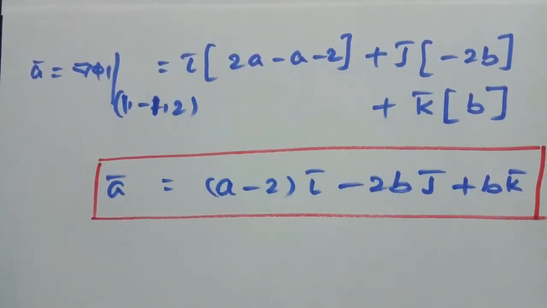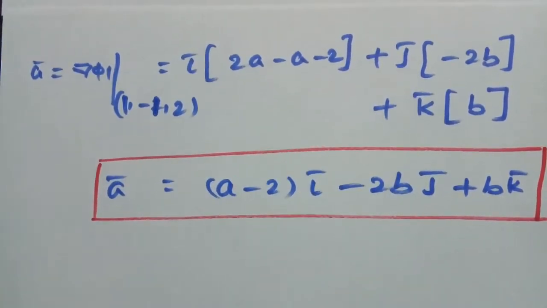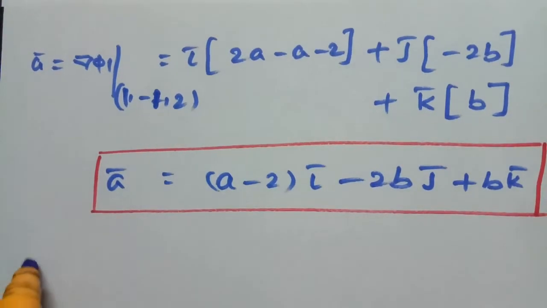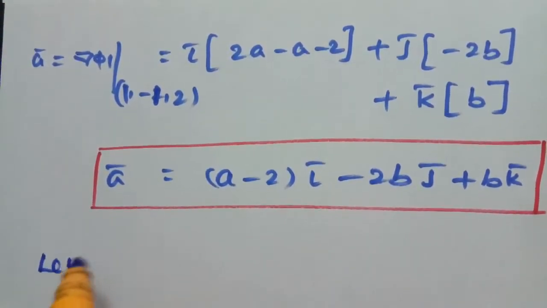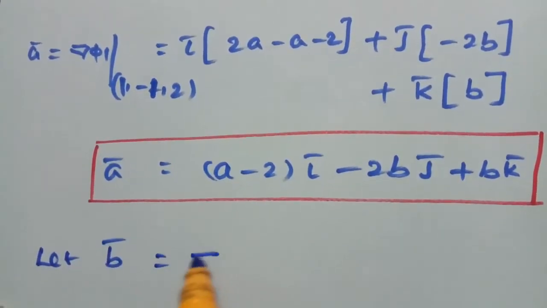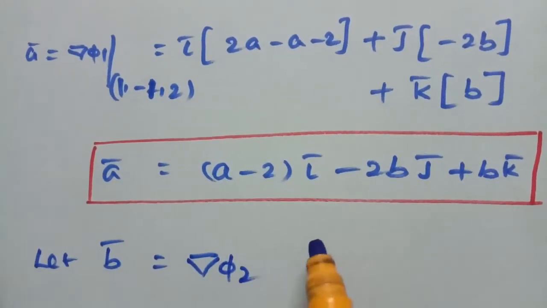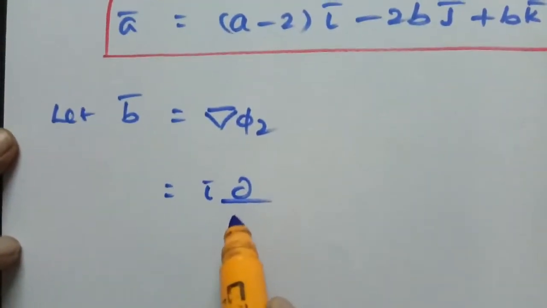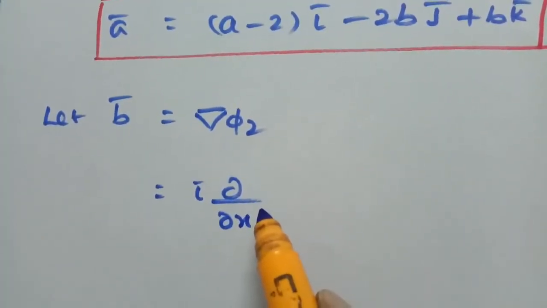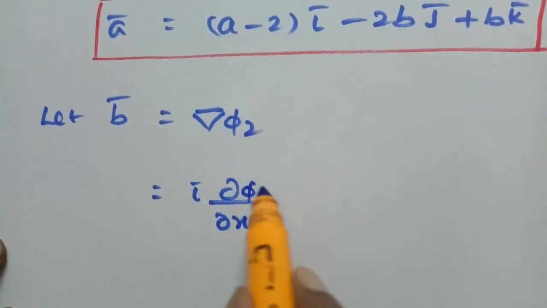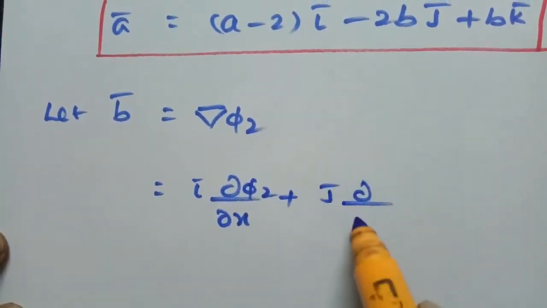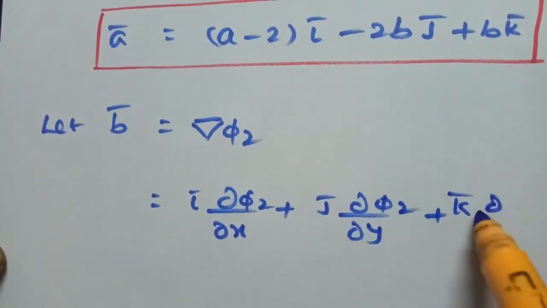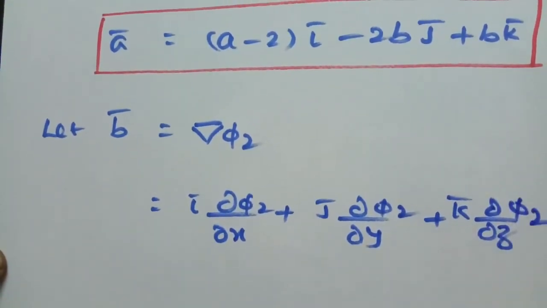Now find b bar, that is the normal to the surface phi 2. Now let b bar is equal to del phi 2. Therefore, this is equal to i bar dou by dou x of phi 2 plus j bar into dou by dou y of phi 2, plus k bar into dou by dou z of phi 2.